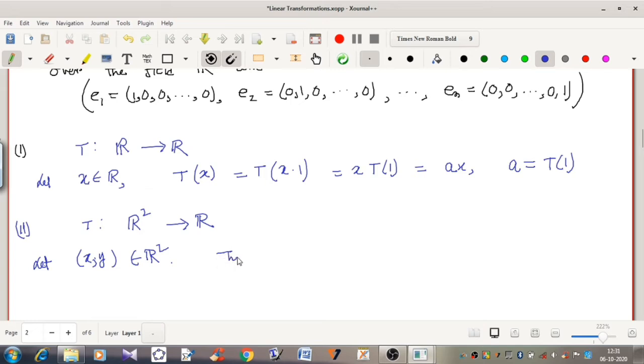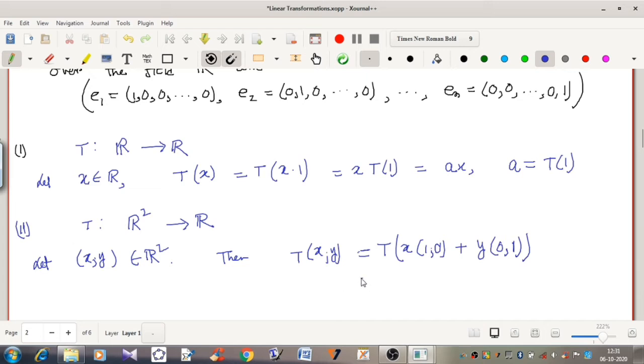Then T of x comma y can be written as T of x into (1 comma 0) plus y into (0 comma 1).